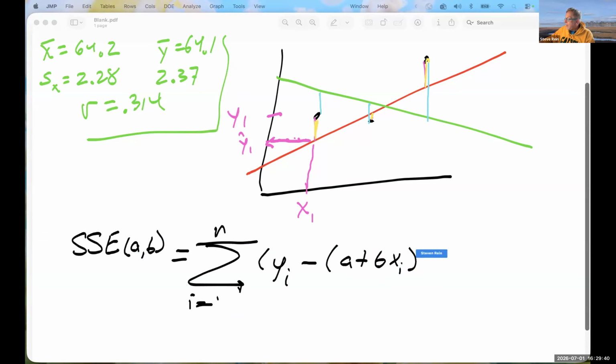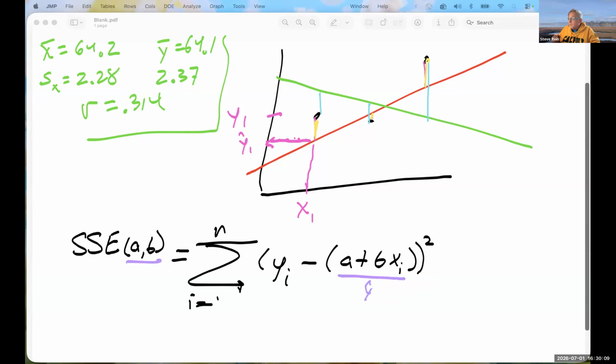So indeed, if we have an a, an intercept, and a b, a slope times x, that's going to give me my trend line prediction. So for a given trend line based on a and b, you tell me a and b, I'll tell you this is going to be y hat for that x. And we're going to compare y and y hat, your actual data value, with your trend line estimated value.